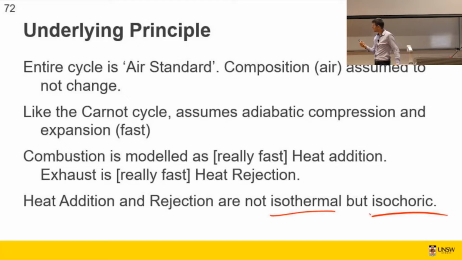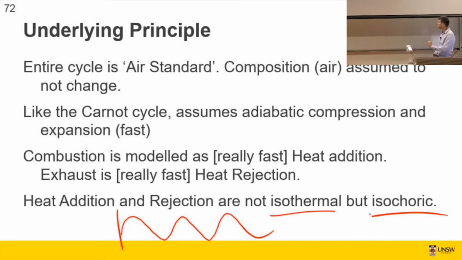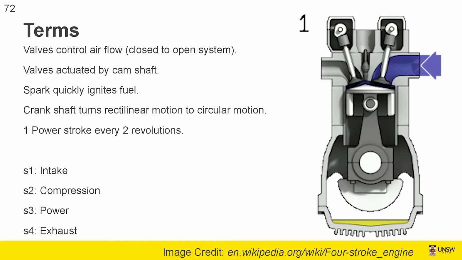So it's isochoric. And the reason we can model it as isochoric is because it happens quickly. The volume of the cylinder is changing all the time, right? It goes sinusoidal, right? And so at top dead center, you need to ignite the spark really quickly. At bottom dead center, you need to open the exhaust valve really quickly.